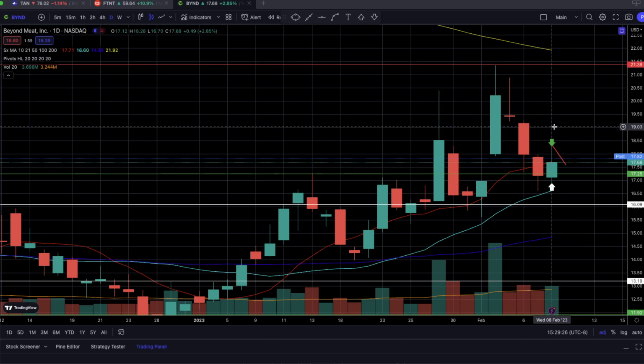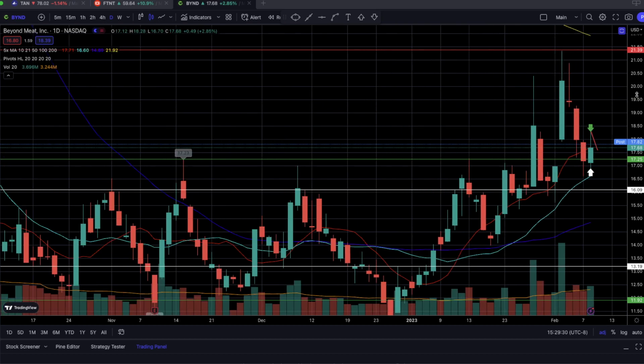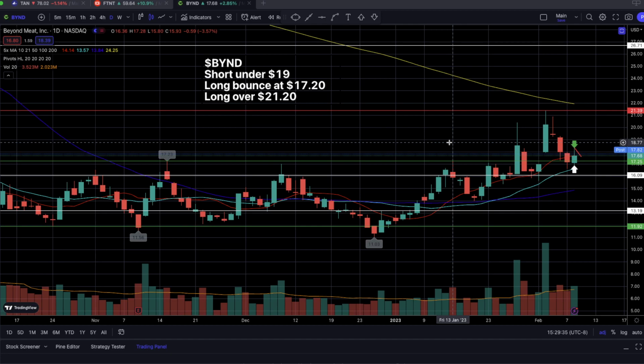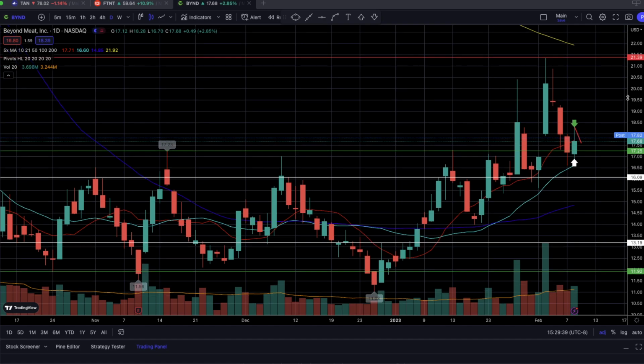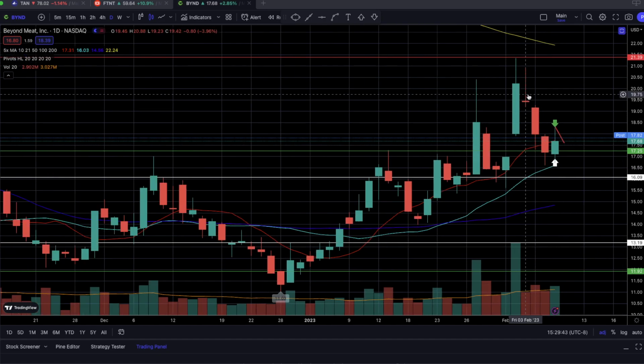So Beyond, what got me intrigued for this name is that this name was already a name that we're looking at in the CFO Swing and Watch newsletter. And what really got me intrigued today was that we had 3 previous red back-to-back consecutive candlesticks to the downside.